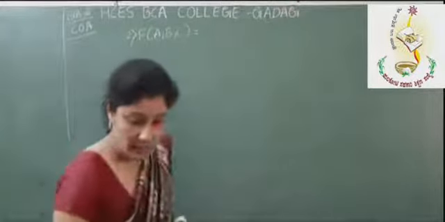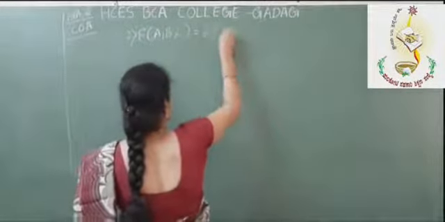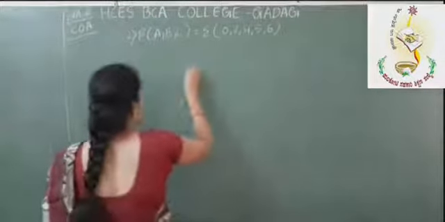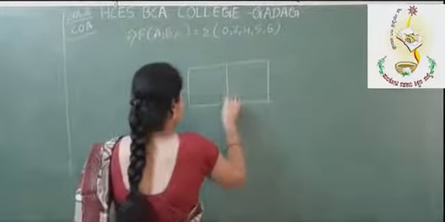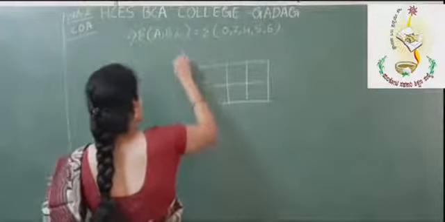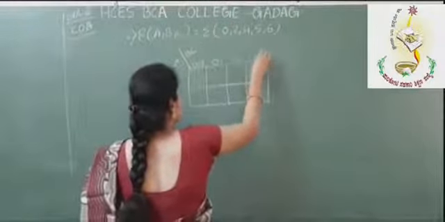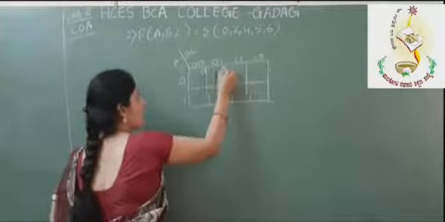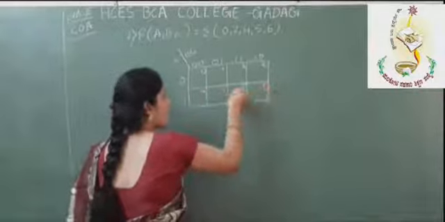Now, next one is 0, 2, 4, 5, 6. So 0, 1, 2, 3, 4, 5, 6, 7.